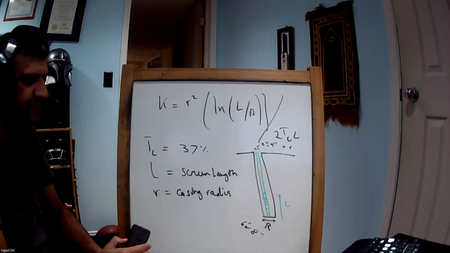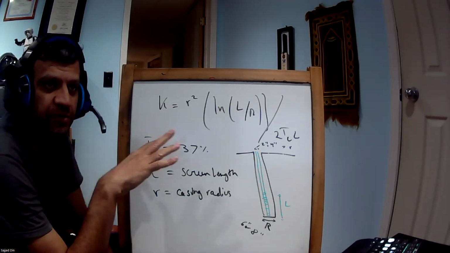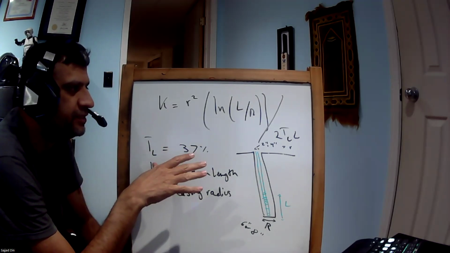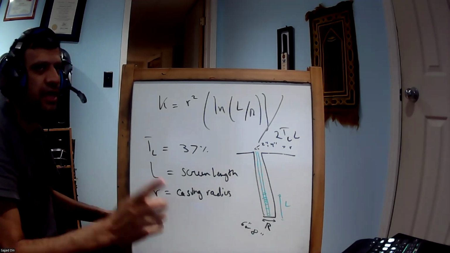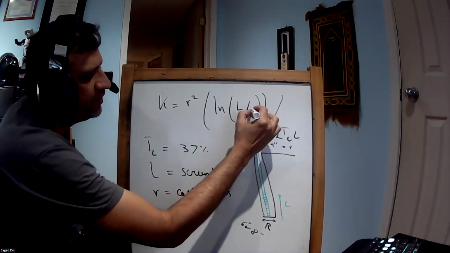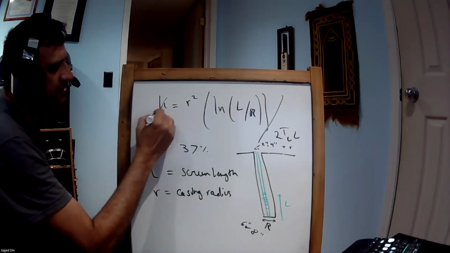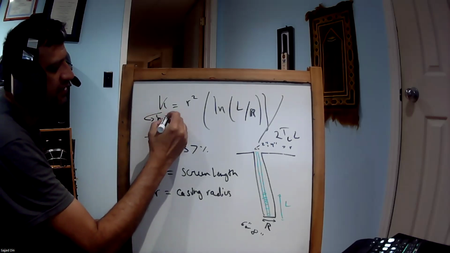Any questions about this? But this information should be given to you in the lab. But this is what all of this means. And the equation is posted for you. And this will give you the hydraulic conductivity.